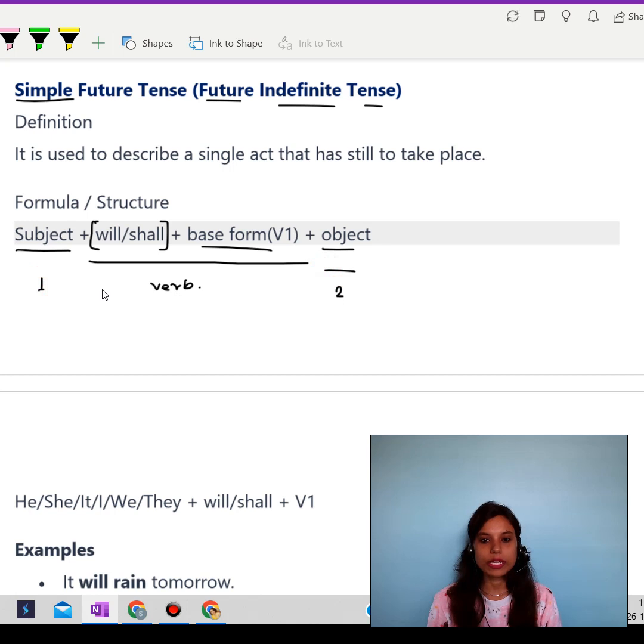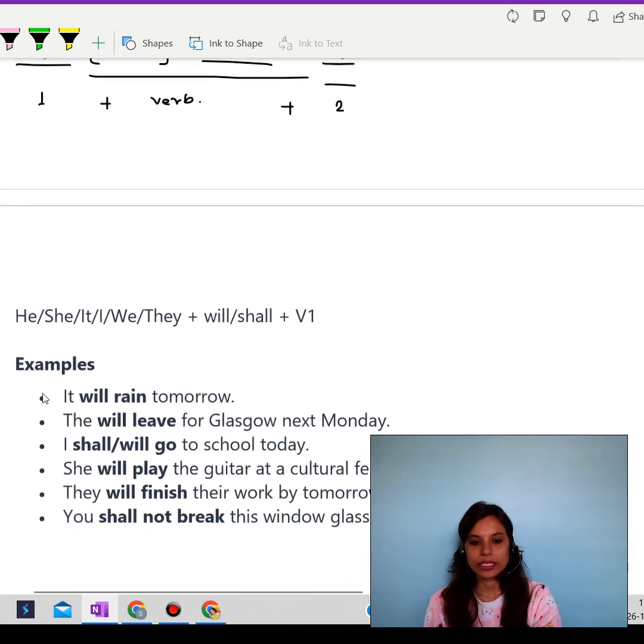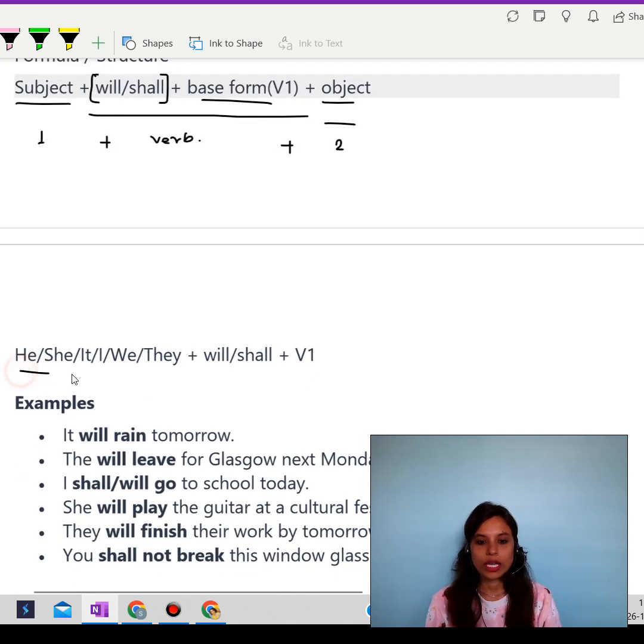So subject plus verb plus the object makes a sentence. So yes, he or she or it, I, we, they would be the subjects with will or shall, whichever you are using. And then we have the verb form, and then obviously the object would be there.